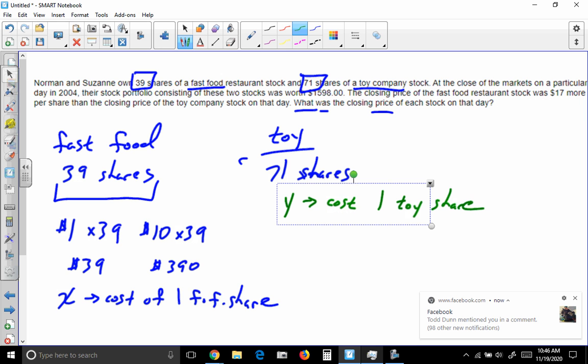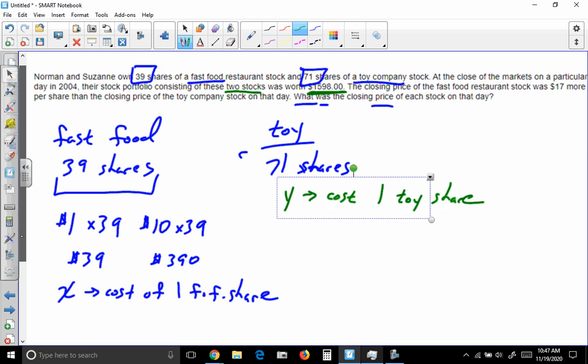So we have a couple statements about our shares. At the close of the market, the two stocks were a combined value of $1,598.